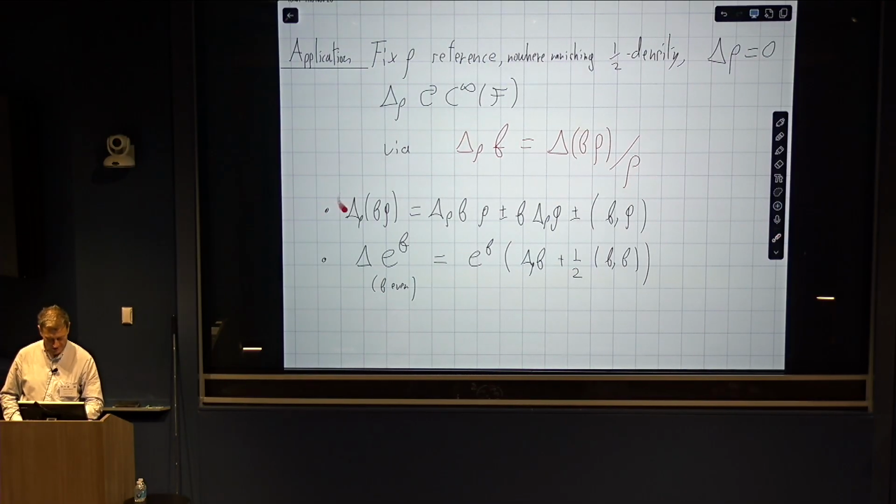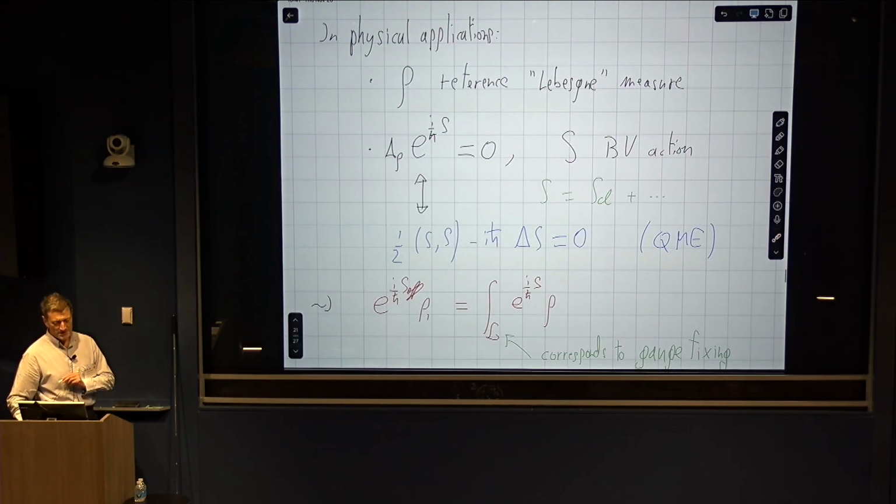What is notable in this equation is that delta on functions is defined using a reference half density, but the correction term is completely independent. It's always the same Poisson bracket. Now, if you extend this to exponentials, so suppose you have some even function f, and you apply delta rho to an exponential, what you get, since it's a second order operator, is the exponential times this expression here, which is just delta f plus 1/2 the Poisson bracket of f with itself, which is not trivially 0 because f is even and the bracket is odd.